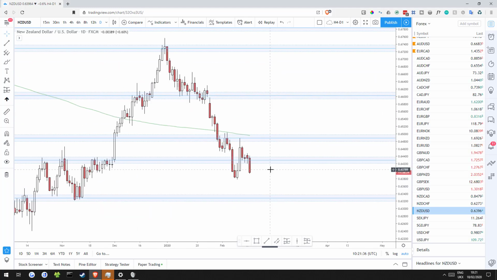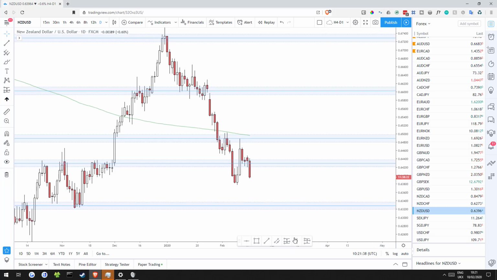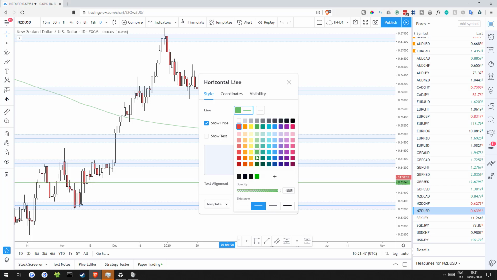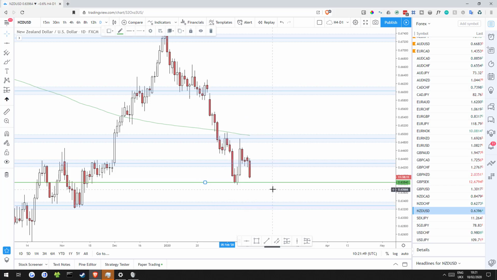New Zealand USD is trending down pretty heavily. I'd be very curious to see what happens on a break of this low here, the low it made the other day. There's potential for a short there.